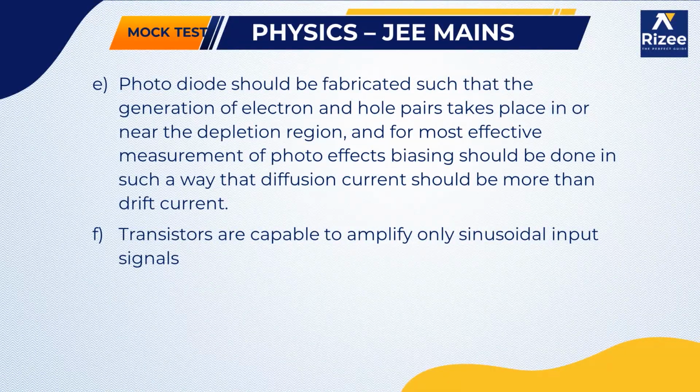Next one, E: a photodiode should be fabricated such that the generation of electron and hole pairs takes place in or near the depletion region, and for the most effective measurement of photo effects, biasing should be done in such a way that the diffusion current is more than the drift current. And your next one, F: transistors are applicable to amplify sinusoidal input signals.